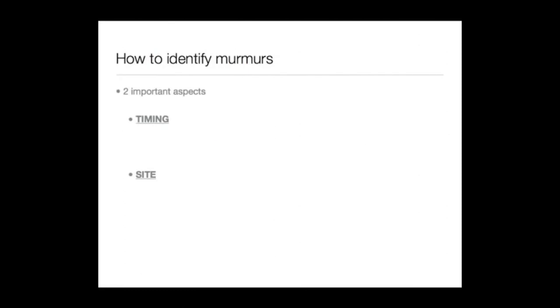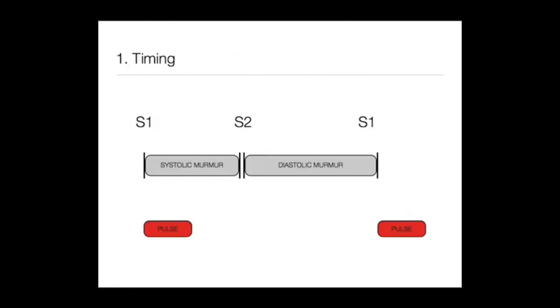There are two key aspects to identifying murmurs: the timing of the murmur and the site at which it is heard loudest. The timing part is often trickier and the bit that throws most people. To determine if a murmur occurs in systole or diastole, it must be listened to in relation to the S1 and S2.